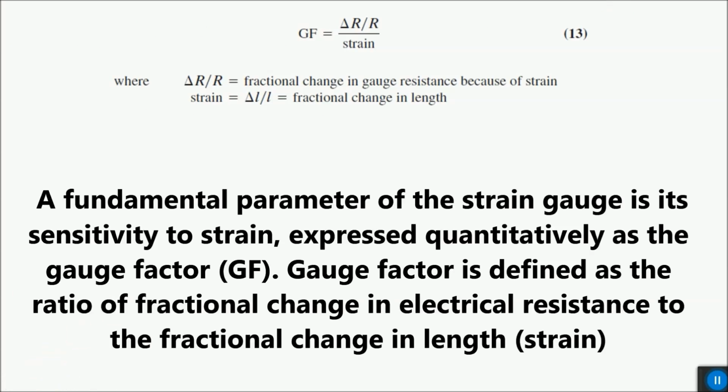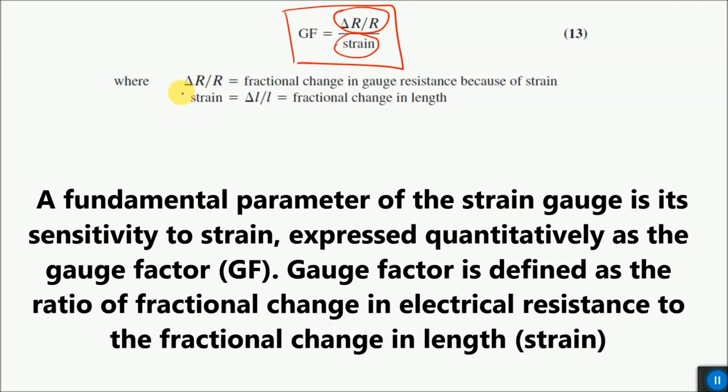So moving on, we have another factor that is called the gauge factor of a strain gauge. And the gauge factor is the ratio of change in resistance over the actual resistance, and the ratio of that quantity delta R over R with your strain.